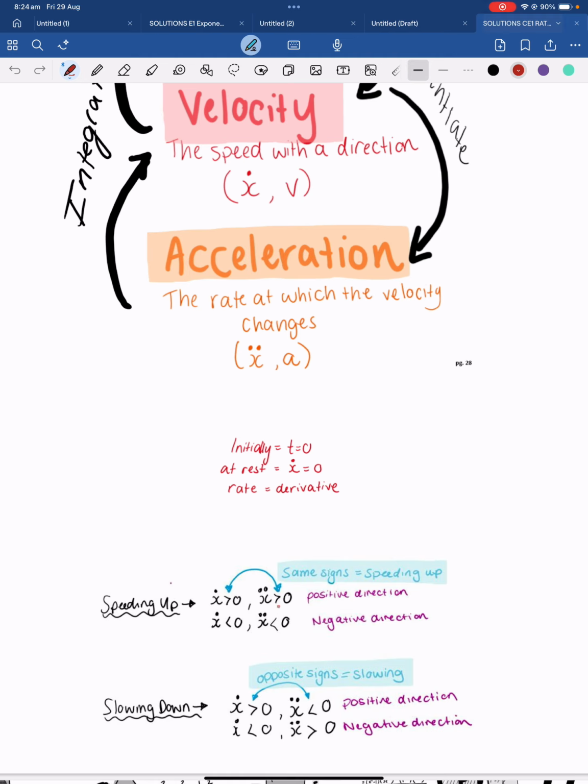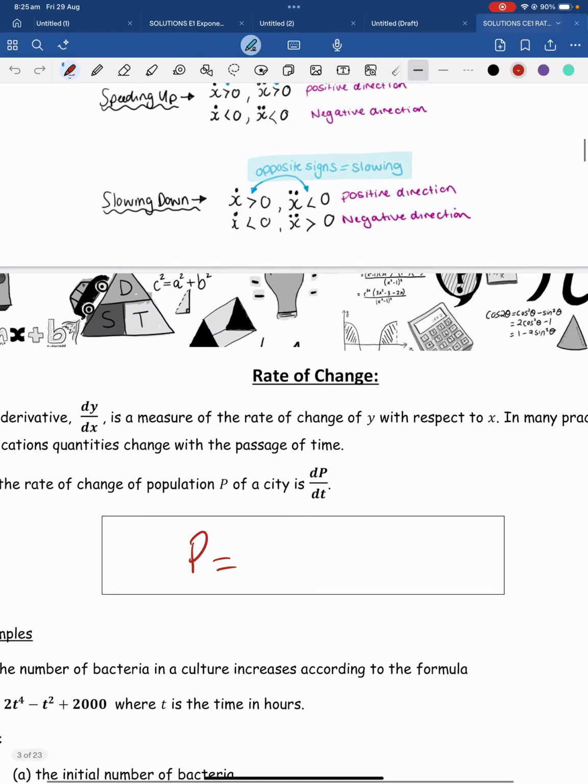Okay, so that's what this first little summary here is saying. Even if the velocity is less than 0, that just means it's traveling in a negative direction. As long as the acceleration is also less than 0, then it's speeding up. Same thing, if they're both positive, speeding up. But if they're opposite signs, so one's going one way, the other's going the other way, then it's going to be slowing down. So another important note for your questions.